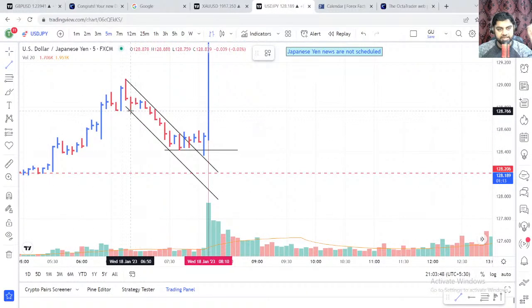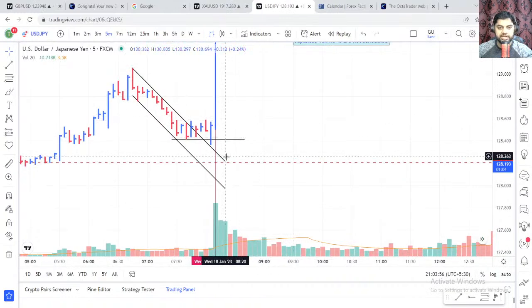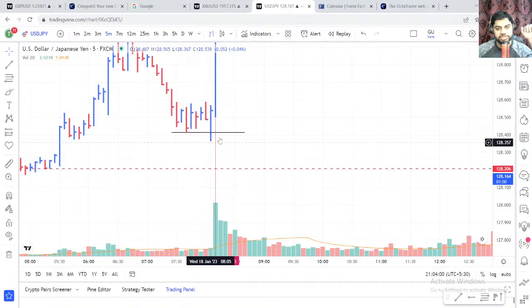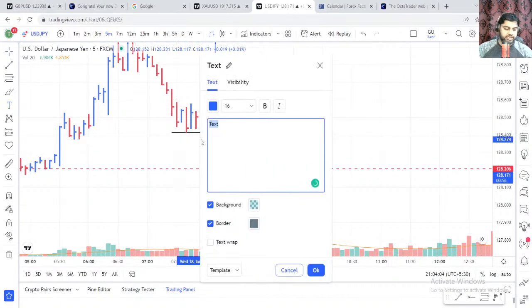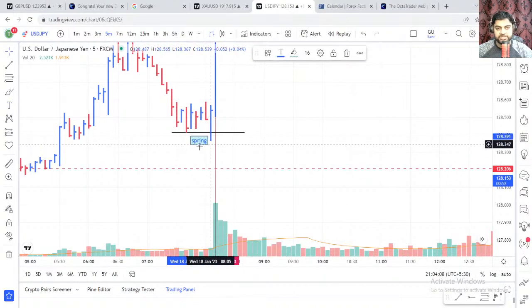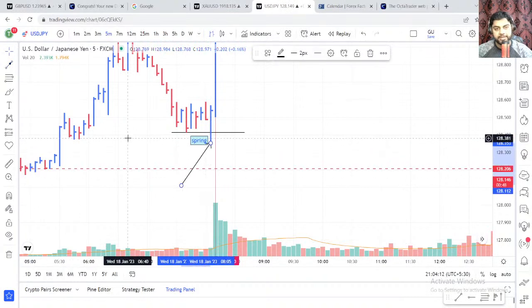Well, I think there is no need for the slope line, but let's just do it anyway. So you make a trend channel which is not working over here. It's not very much useful. So I'll just get rid of this, and then I will notice this spring, right? So just put the level over here, spring. If this is a spring, then you should be able to buy over here.